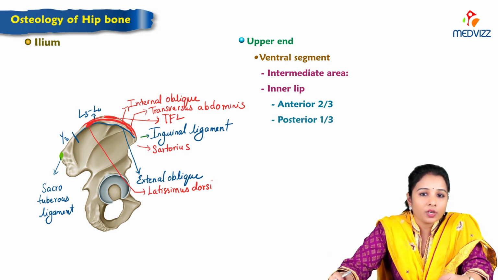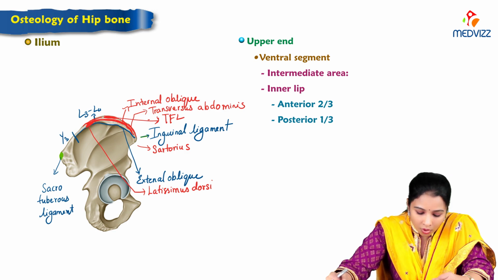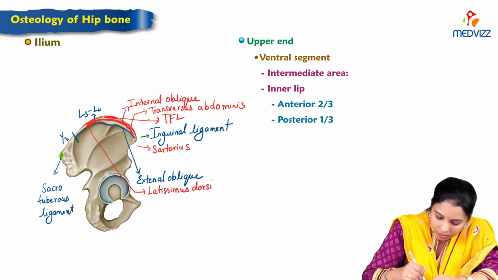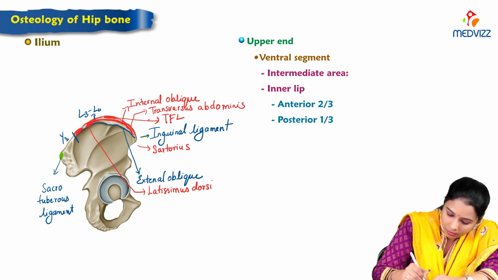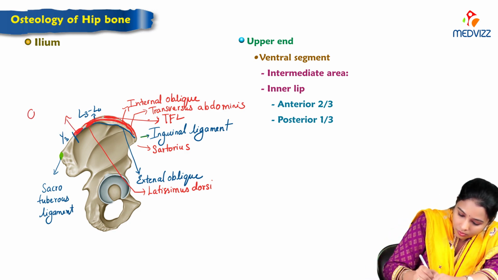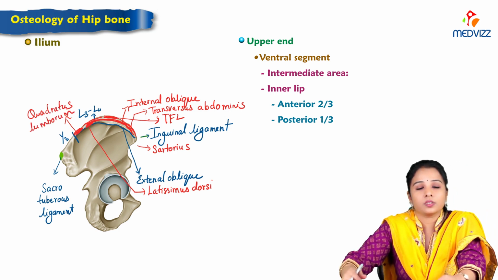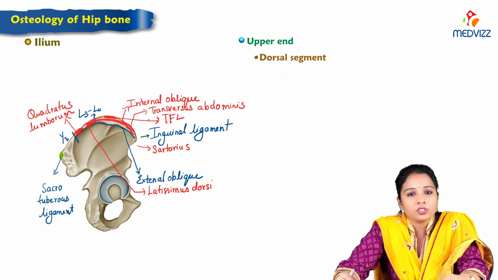And the posterior 1/3 provides attachment to quadratus lumborum. So this part here, posterior 1/3, provides attachment to the quadratus lumborum muscle.